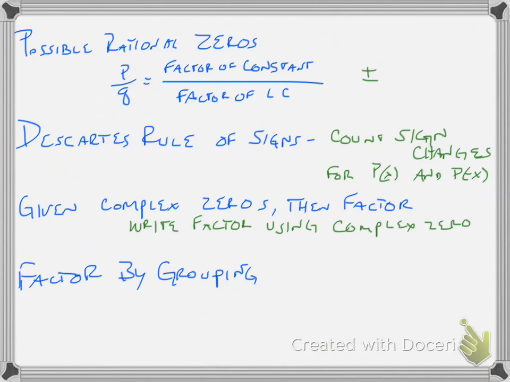And you would multiply those out to get a larger factor, like a quadratic factor, and then you would divide into it to factor it completely. You need to know factor by grouping. Know that it has to be 4 terms.